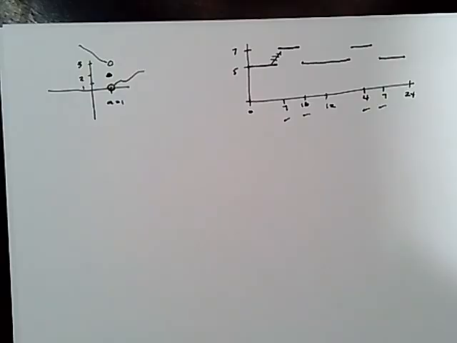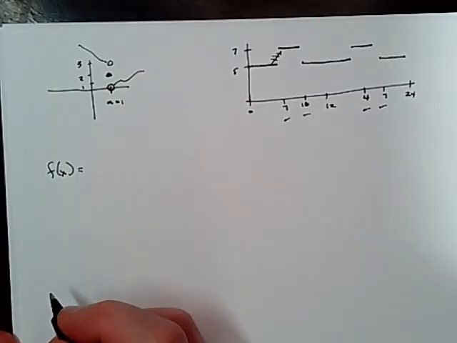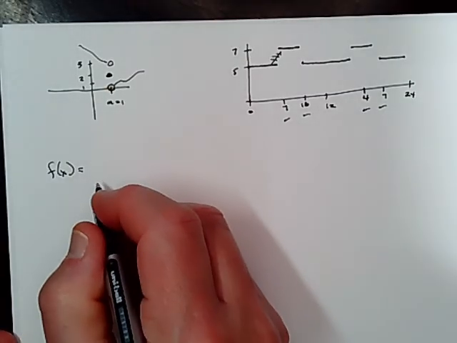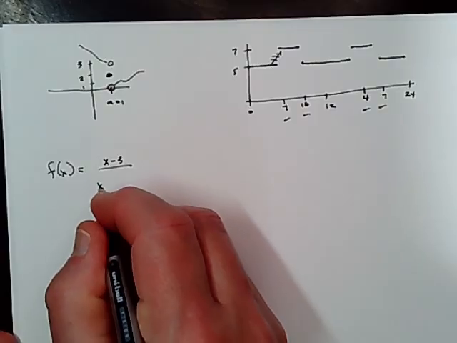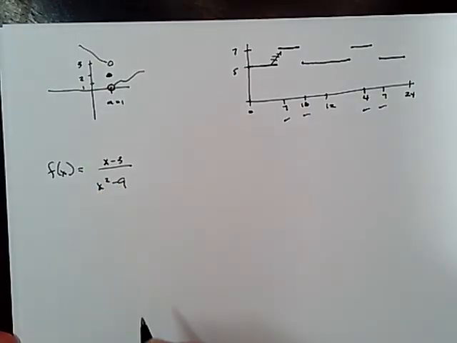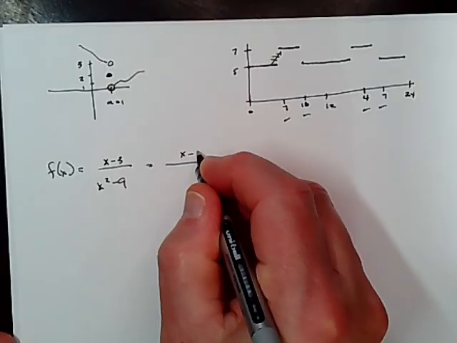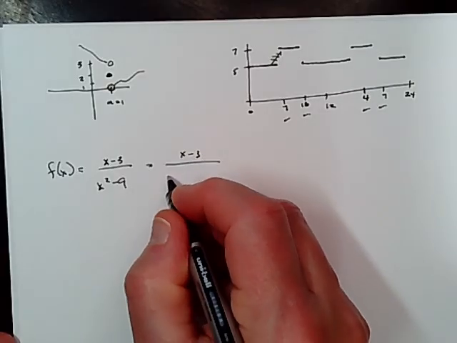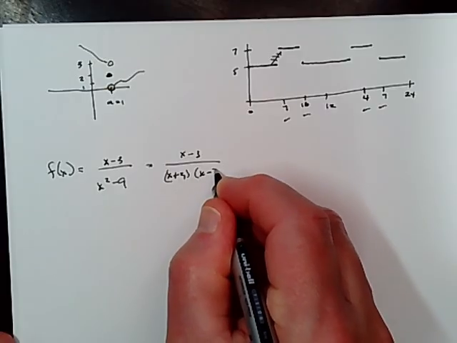So f of x is x minus 3 over x squared minus 9. We've all been trained to factor these things. We recognize the difference of two squares: x plus 3 and x minus 3 on the bottom of the fraction.